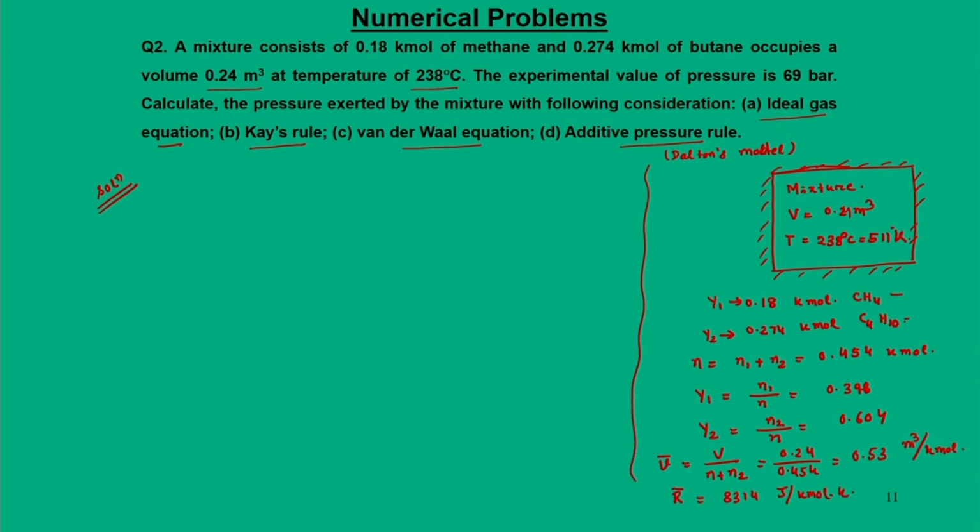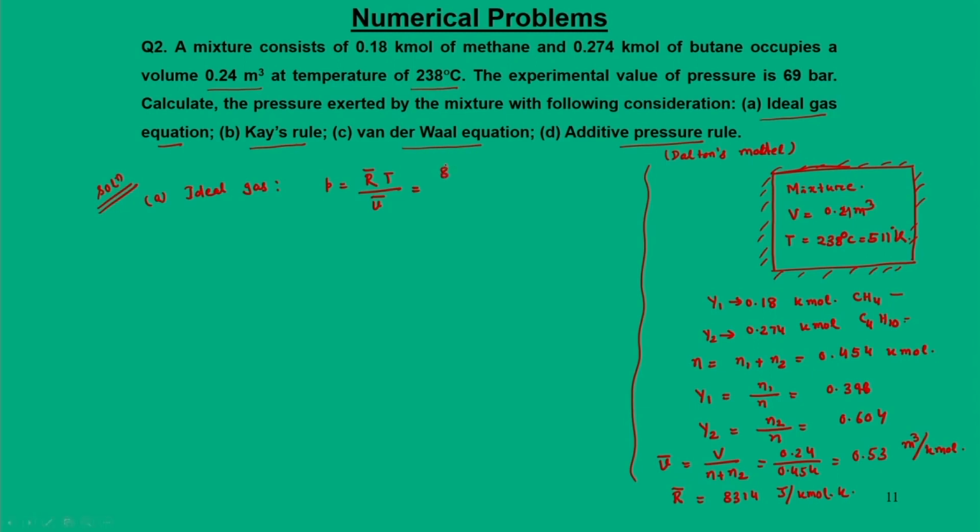Now, let us start with the first model. The first model is the ideal gas. The ideal gas model says we write the equation P is equal to R bar T divided by V bar. We know these parameters R bar, T and V bar, and by inserting these values we can write this.